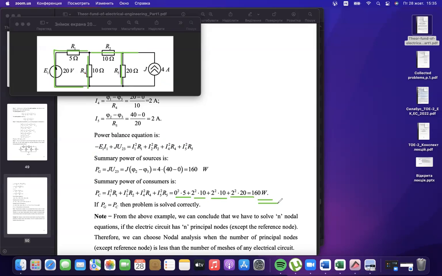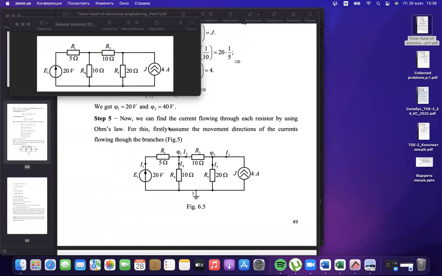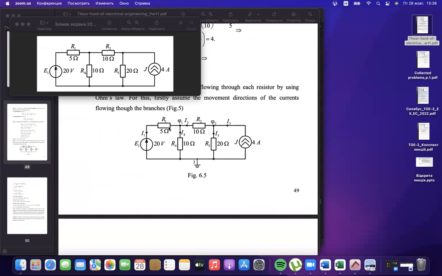In total, 160 watts. Power balance is true. Everything that we generate, we consume by resistances. That is how it is solved with nodal voltages.